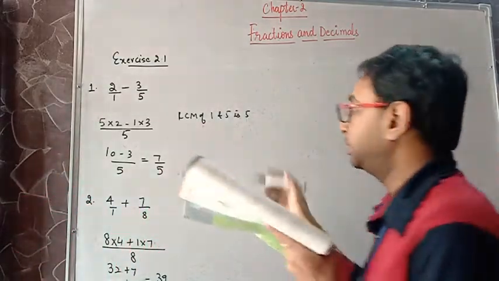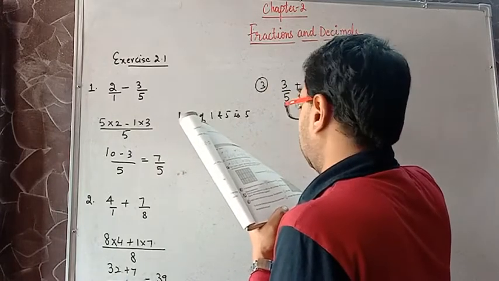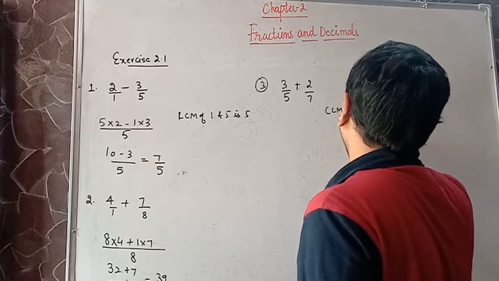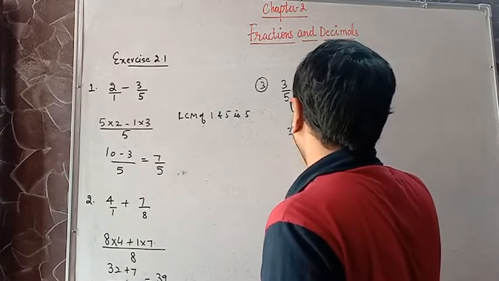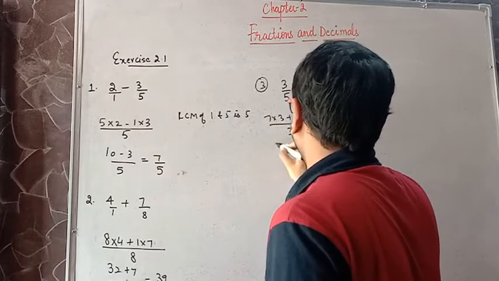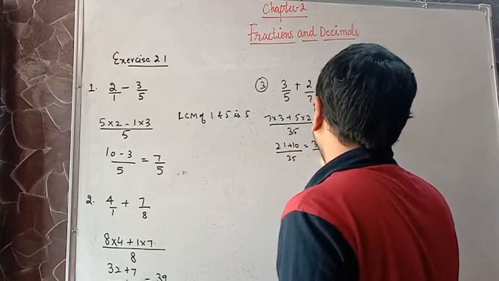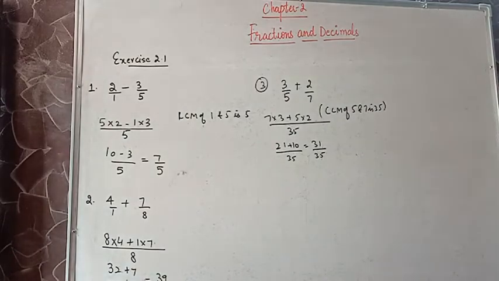Question number 3, third part. 3 by 5 plus 2 by 7, again LCM of 5 and 7 is 35. Therefore 35, 7 into 3, 5 into 2, 21 plus 10 upon 35, we will be getting 31 upon 35. Are we clear? Any doubt anyone is having with this?